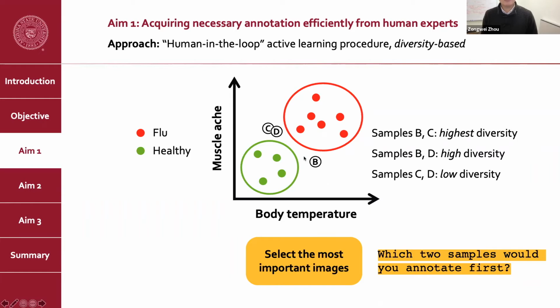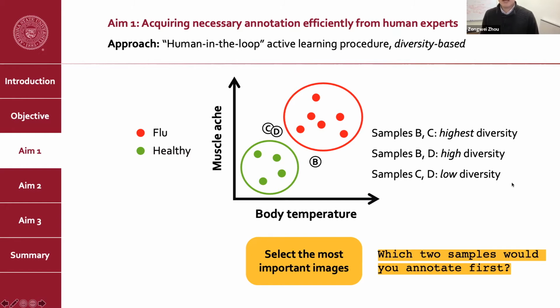So we can quantitatively make the decision by computing the diversity of each sample. As a result, BC shows the highest diversity, and BD is okay, but CD are too small, too similar. So we should choose BC in this regard.